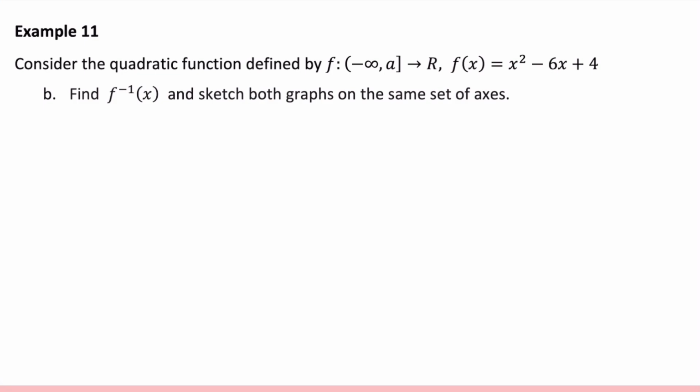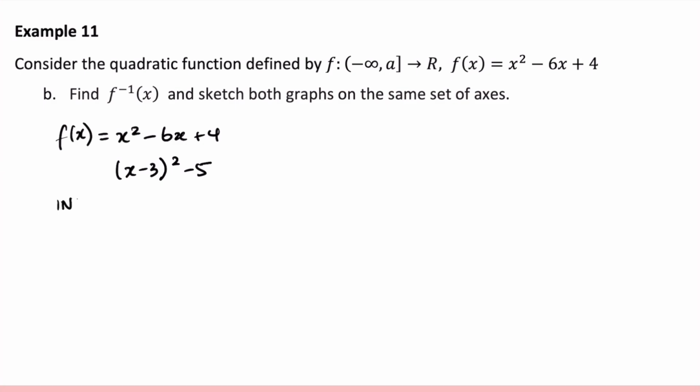So for part B, we need to go ahead and sketch both of the graphs on the same set of axes, so the original graph and the inverse. The original graph, which is this one here, we just have a look at its key points. First of all, to find its turning point, we're going to complete the square. And then to find the intercepts, we already established that we can't just factorize it.